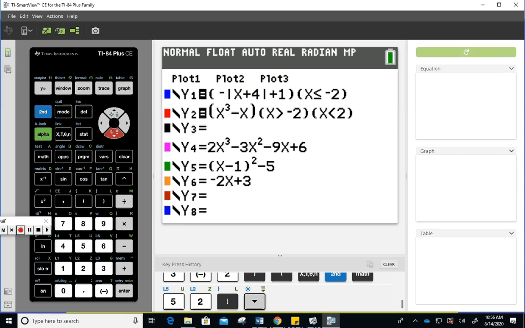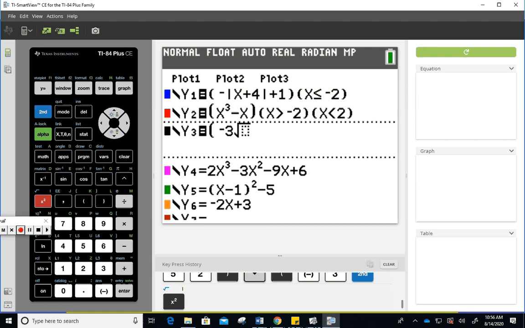So just FYI. Now my third equation is -3. Make sure you're using your negative key, not your minus key. 3 times the square root of. So I'm going to say second square root. Here I've got x minus 2. Arrow to the right so you jump out of the square root symbol so you can close up the parentheses there.